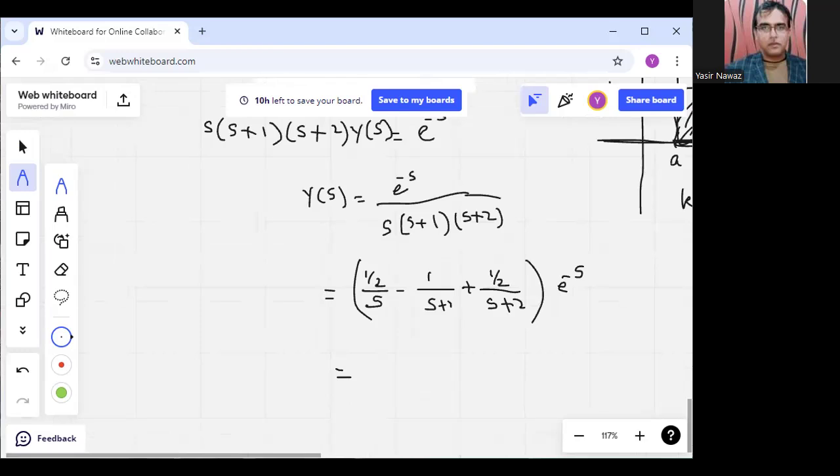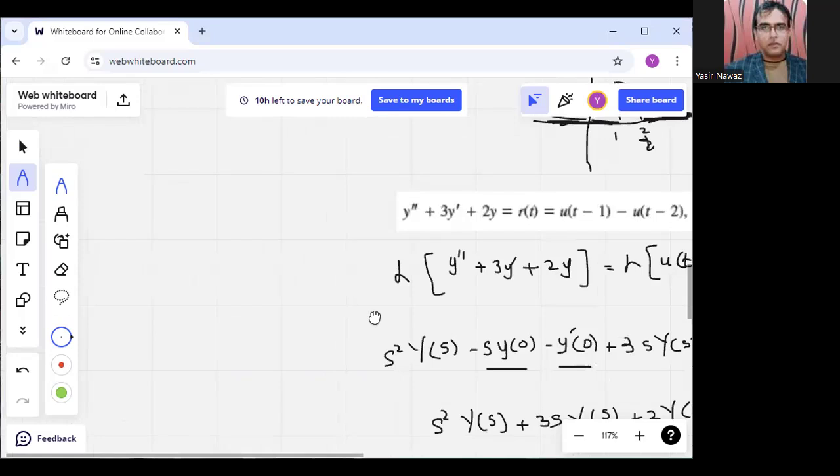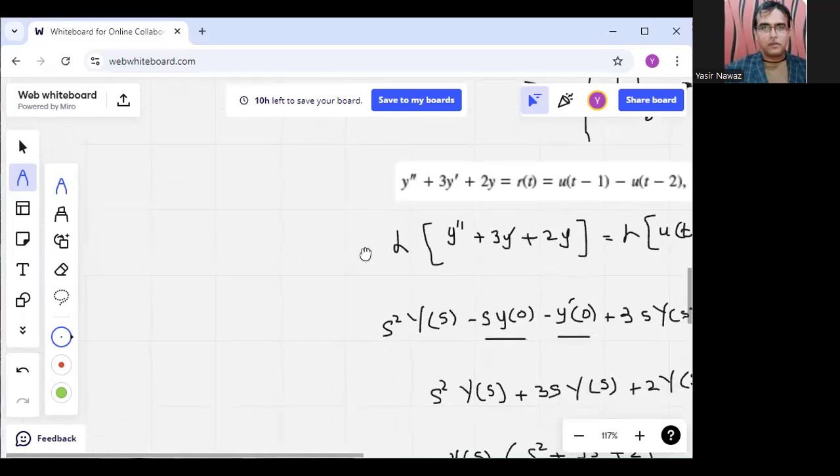Now when the inverse Laplace transform is taken, what would happen? Here it is y double prime plus 3 y prime plus 2 y.